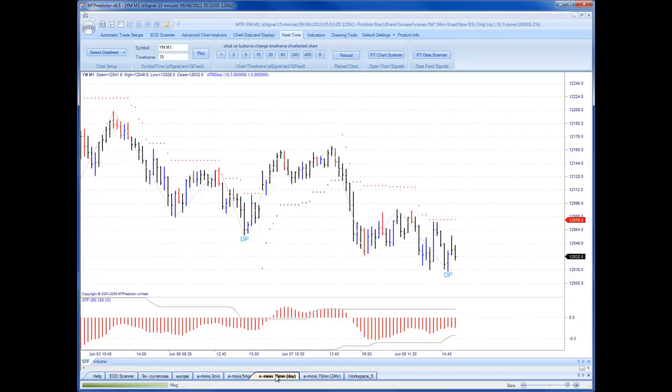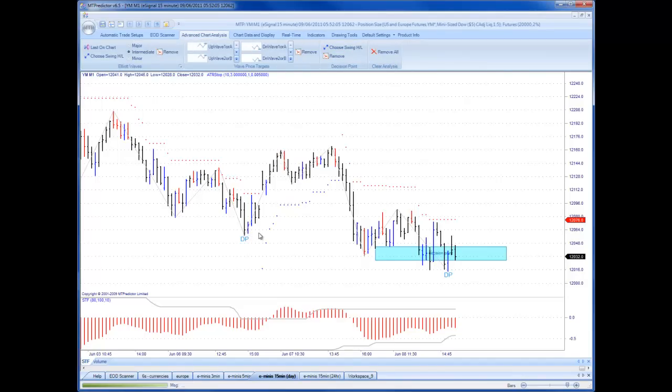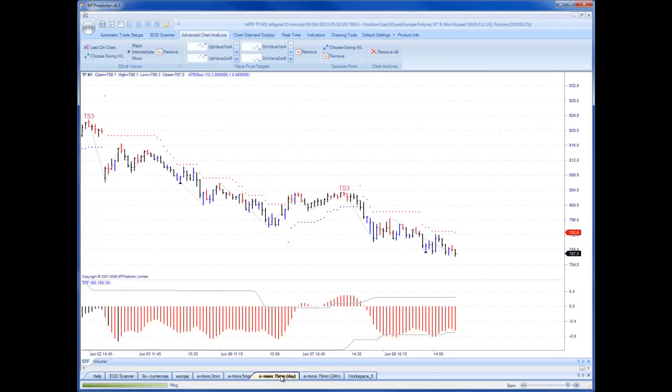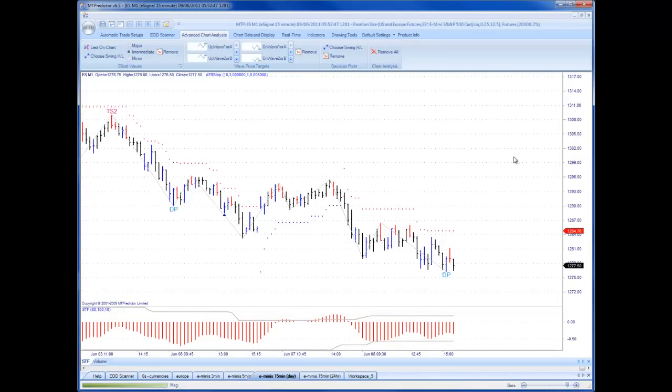But in this case, if I look at the 15-minute chart and I put a DP on from here, the low of the day yesterday on the YM was here, and the market was rallying off 15-minute support. So when the sell setup came in on the 3-minute chart, it was against this 15-minute support. We also had, if I go to the ES, a similar position on the ES as well, where we had some DP support down here.